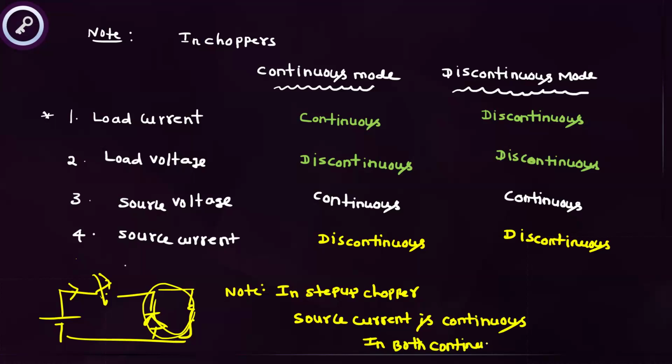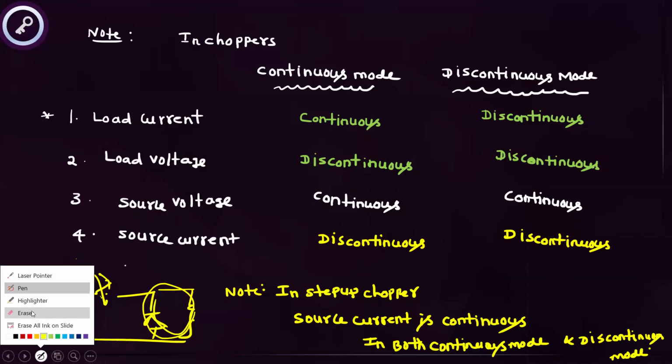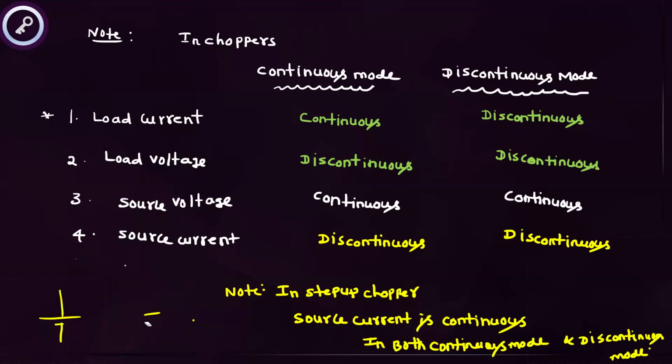The reason I will explain. Generally, if the type of chopper is not given, you take it like this one. In both continuous mode and discontinuous mode, this is possible only in which case? The step-up chopper. You know the step-up chopper circuit, which is also called the boost regulator.